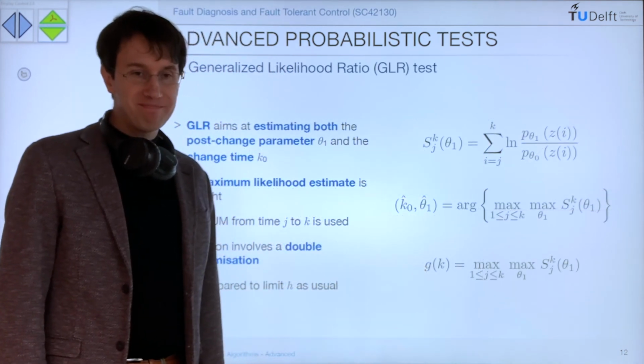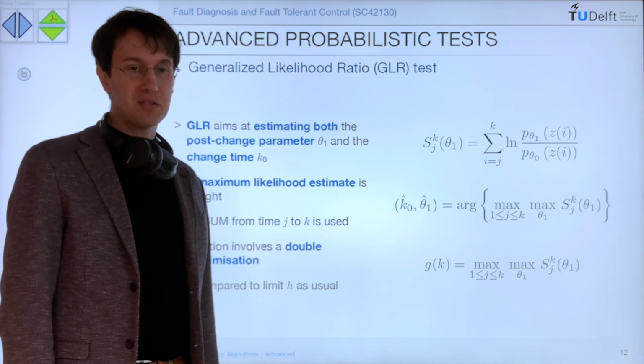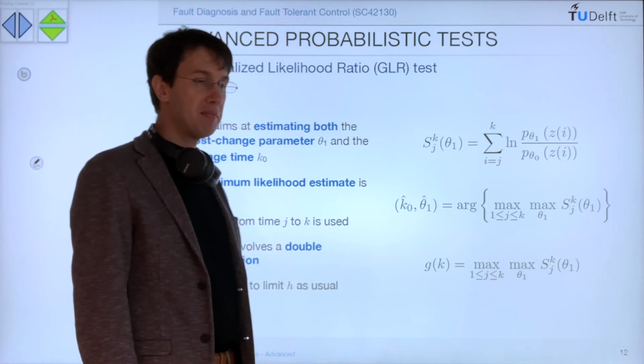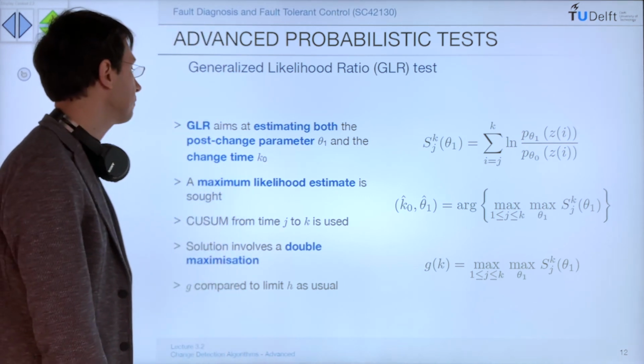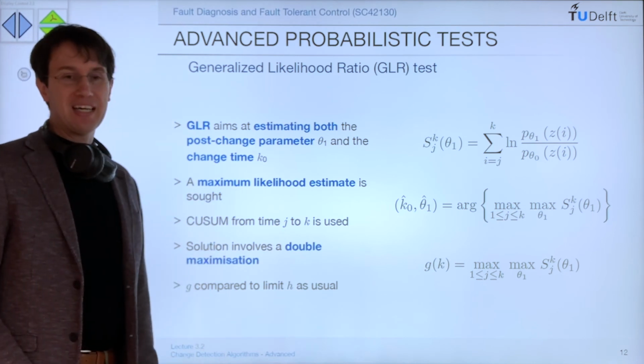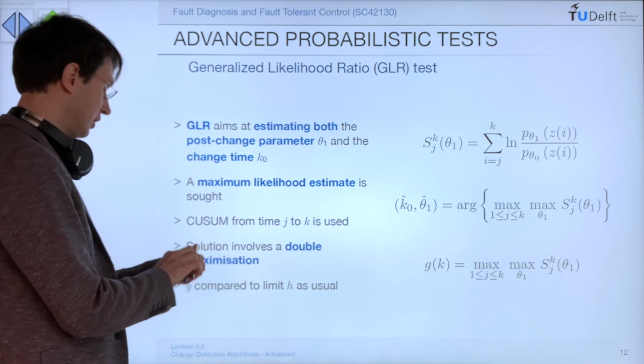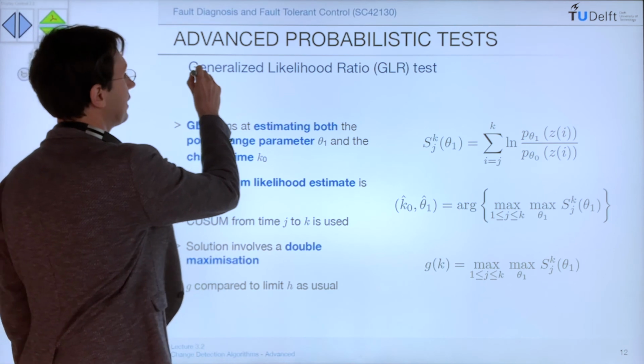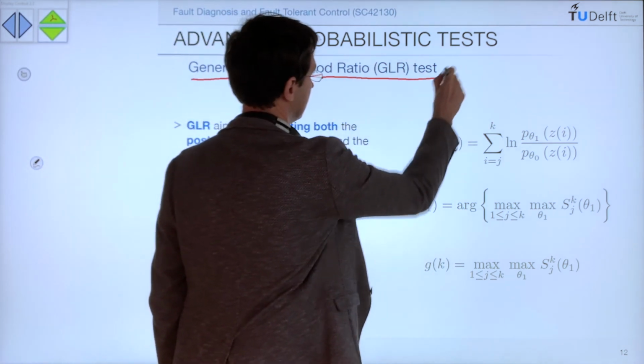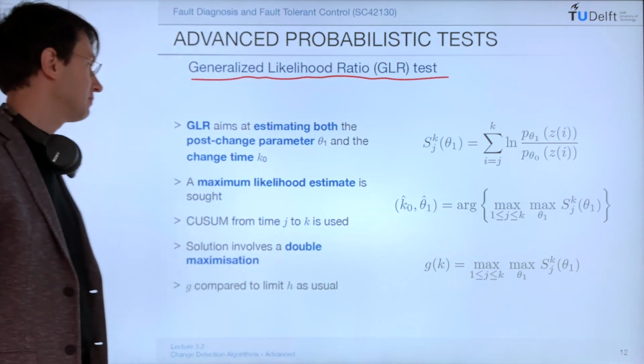Another approach to solve the shortcomings of the CUSUM based on the log likelihood ratio is to use another test that is called the Generalized Likelihood Ratio test. So we generalize the previous one.